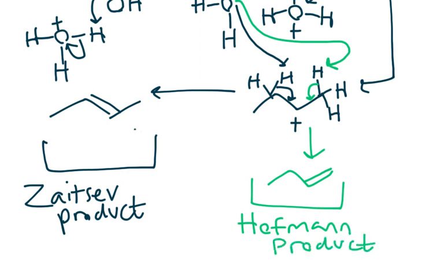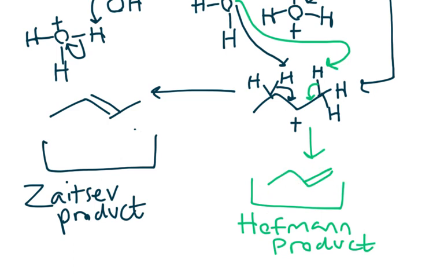And the Zaitsev product, or the one that's more substituted, so when we're looking at substitution, we want to look at, here's the double bond, how many carbons are around it? 1, 2. And then on the other one, here's the double bond, how many carbons are around it? 1. Directly around it. I mean, so this one doesn't count.